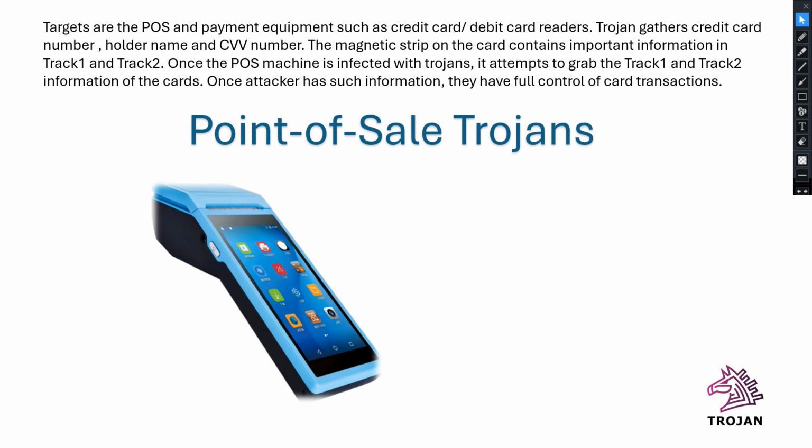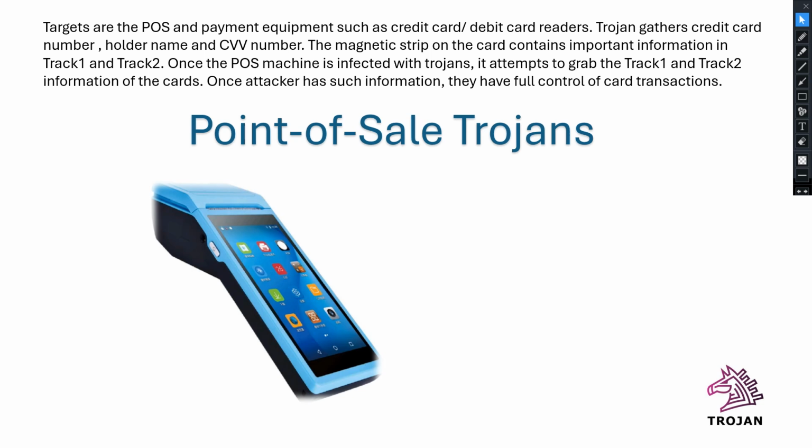card. How? Normally, cards contain two tracks, track 1 and track 2. In those tracks, there is sensitive information about the users. So once the attacker has such information, they can have full control of target transactions.